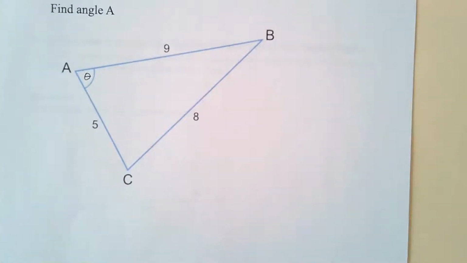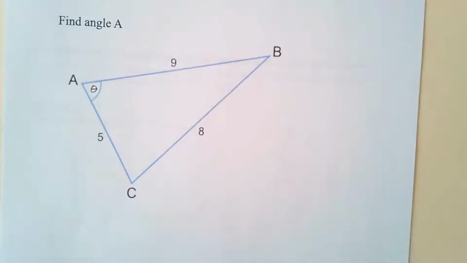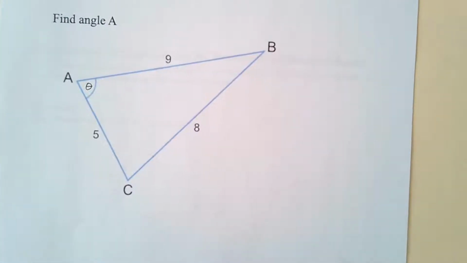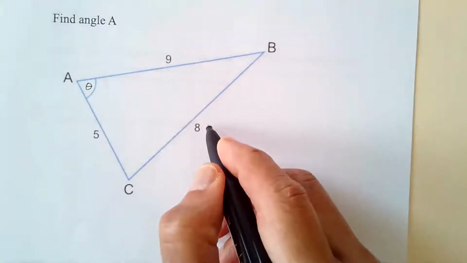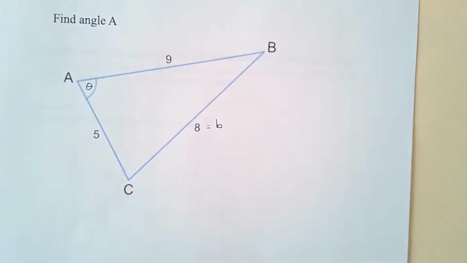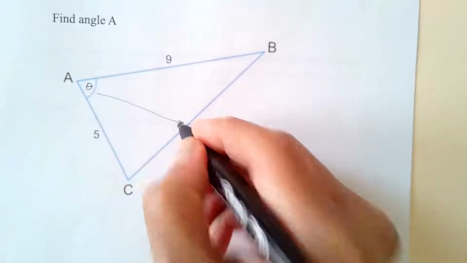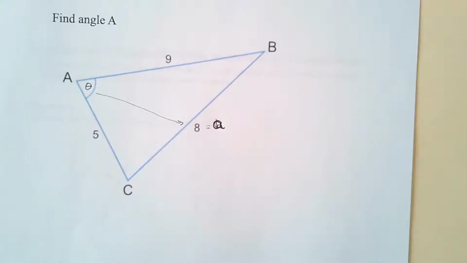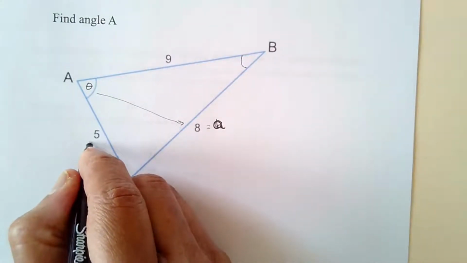Let's look at the first example. Here we're given triangle ABC, and we're asked to find angle A. The first step, we would like to label our triangle. 8 is opposite angle A, so it is side a. 5 is opposite angle B, so we refer to it as side b.